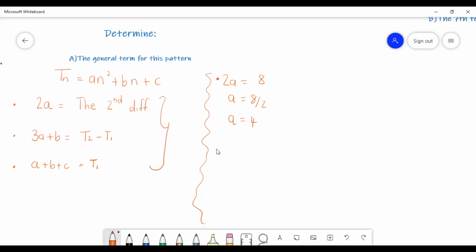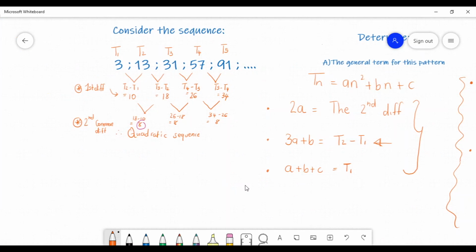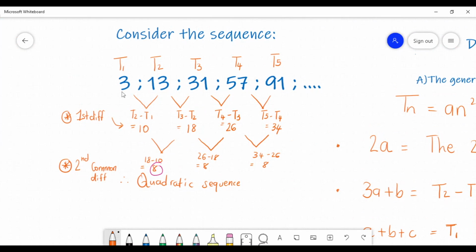The second thing I said that you need to do is we need to use the 3a plus b, and we said that the 3a plus b, right, is equal to your second term minus the first term in our quadratic sequence. What was our first term in our quadratic sequence? Our first term was equal to 3, right?